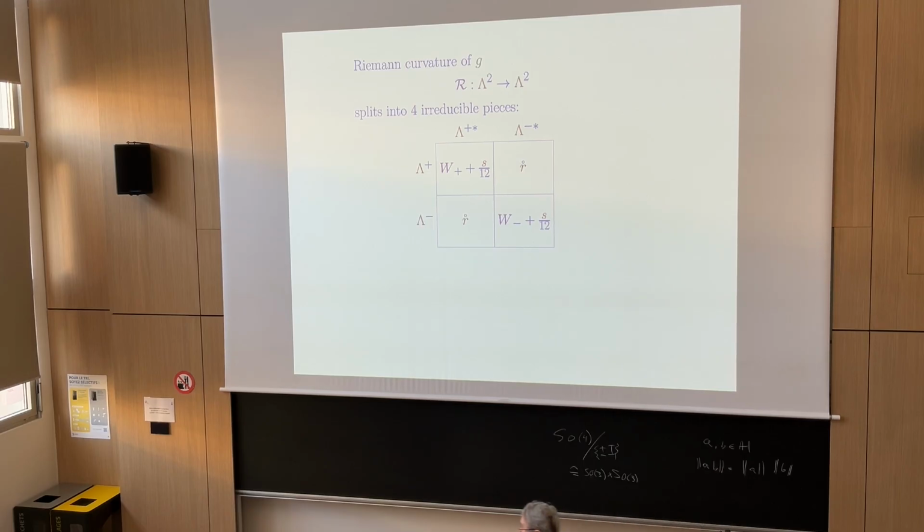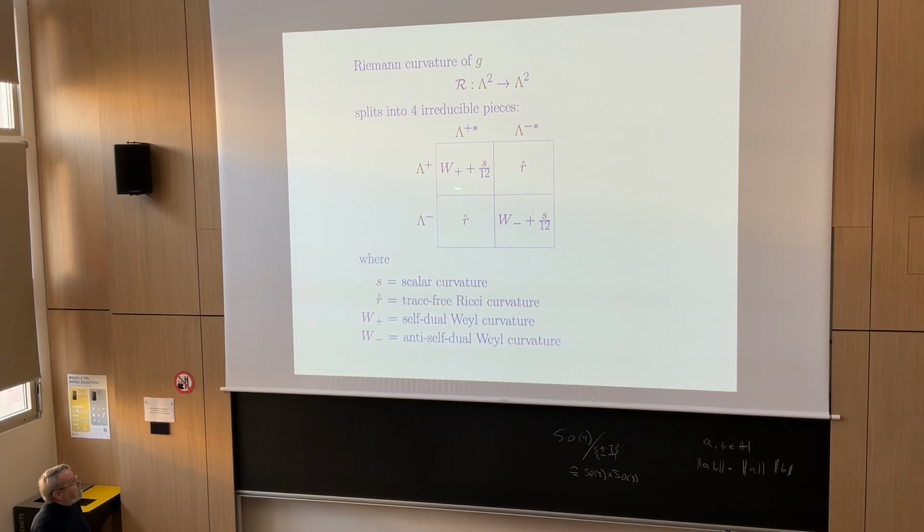It's related to the fact that, as I mentioned before, the curvature tensor lives in the symmetric product of lambda 2 with itself, but it has the property that it's also orthogonal to the 4 forms. So there's one such Bianchi identity here, which says that the trace here is equal to the trace there. And then there's the trace-free piece of this block and the trace-free piece of that block.